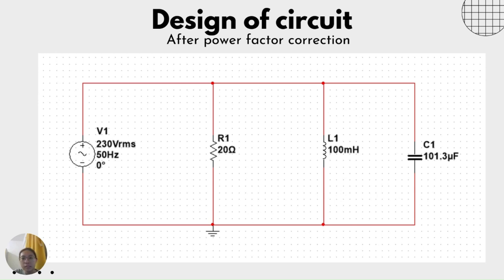Next is the circuit design after the power factor correction. A 20 ohm resistor, a 100 mH inductor, and a 103 microfarad capacitor are connected in parallel with a 230 volt 50 Hz AC supply.